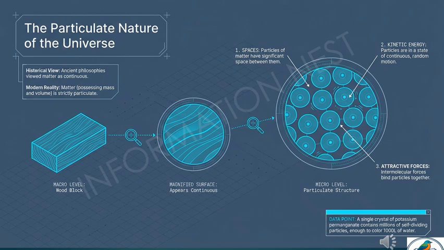Check out the data point in the corner. One tiny crystal of potassium permanganate can turn 1,000 liters of water purple. That is the ultimate one person ruined it for everyone's energy. It's millions of particles self-dividing like they have a deadline to meet.